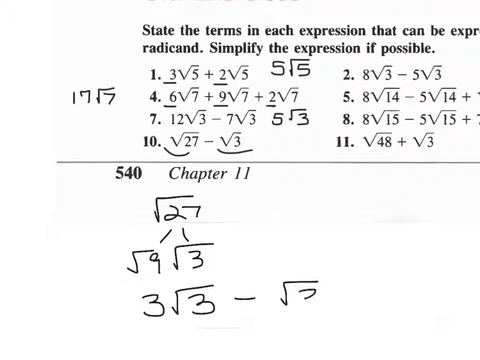And now I can subtract the square root 3. Now, if you have a radical that doesn't have a number in front, assume that there's a 1 out front. So now when I go to subtract this, I'm doing 3 minus 1, and I get 2 square root 3. So if you have a problem that doesn't have a number out front, always assume that there's a 1 out front.